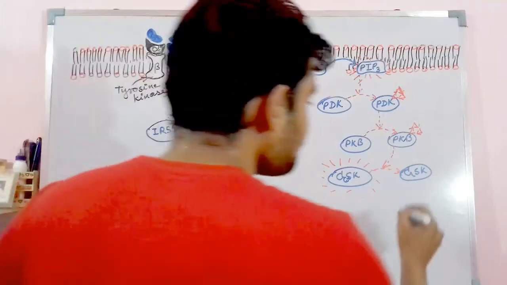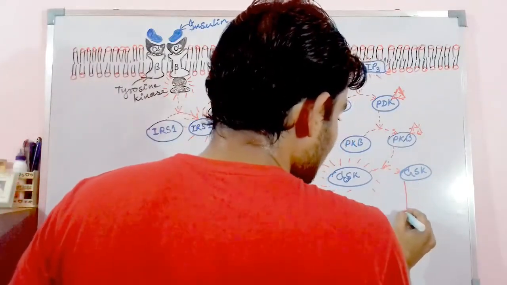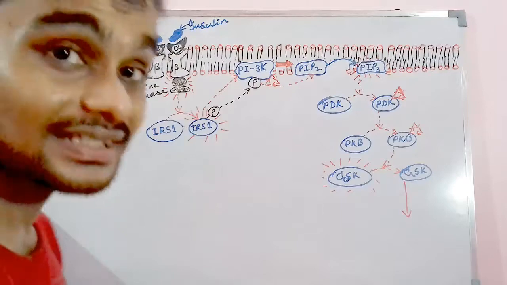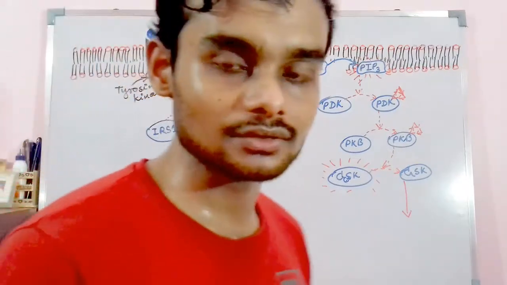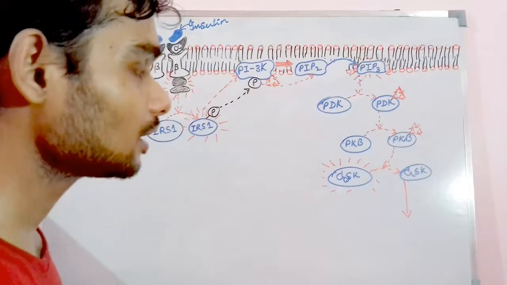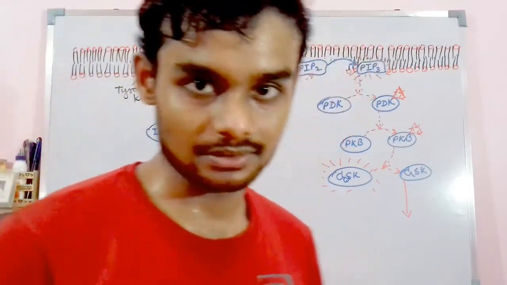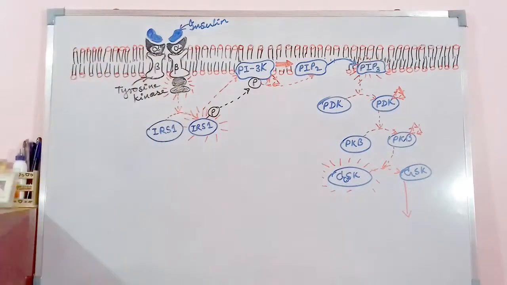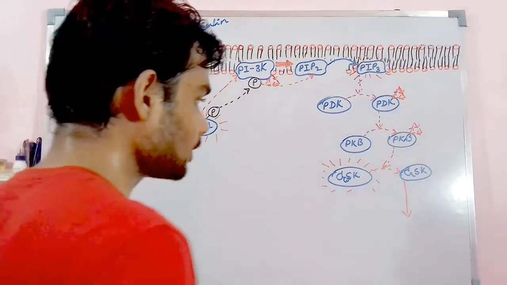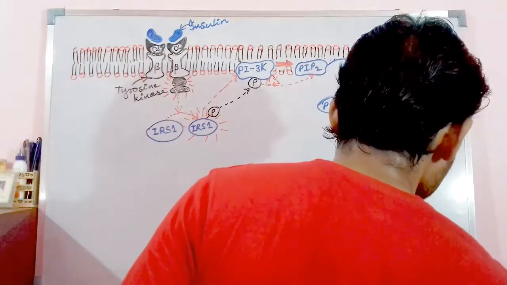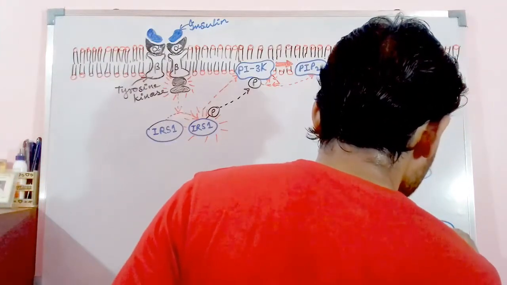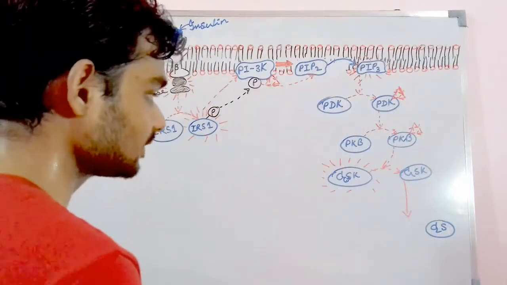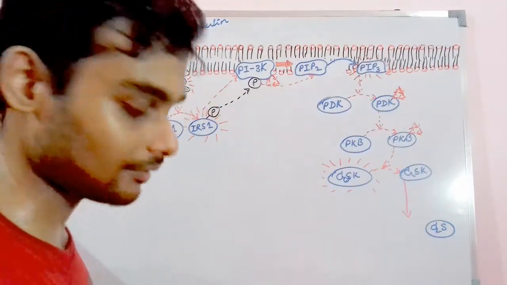This deactivated glycogen synthase kinase would trigger the pathway of conversion of the glycogen synthase enzyme to its active form. Let this be the glycogen synthase. This is the inactive form of the glycogen synthase.